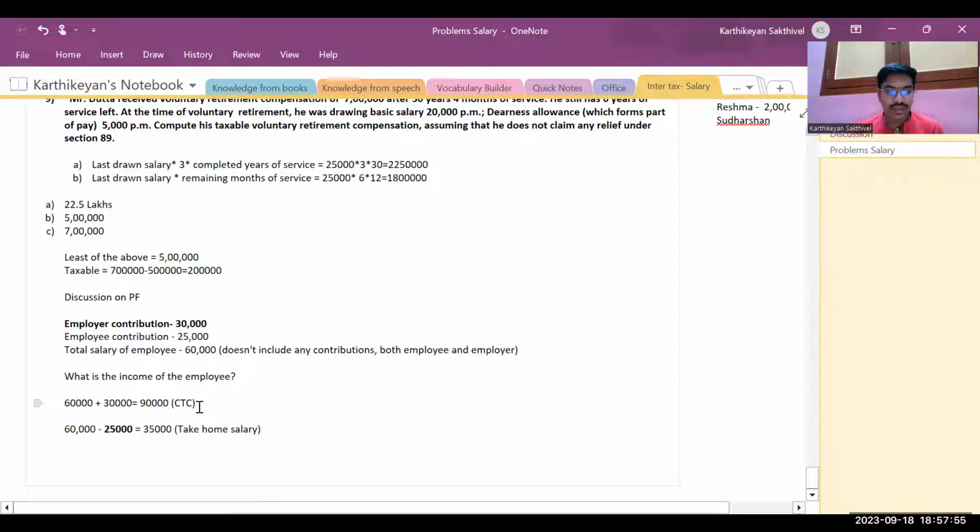Of my income, once I deduct my employee's contribution, that gives my take home salary. After all the deductions, whatever is received in my hands is known as either take home salary or cash salary. These are terms used in the industry. So now it is very clear that the employer's contribution is nothing but an income to the employee.